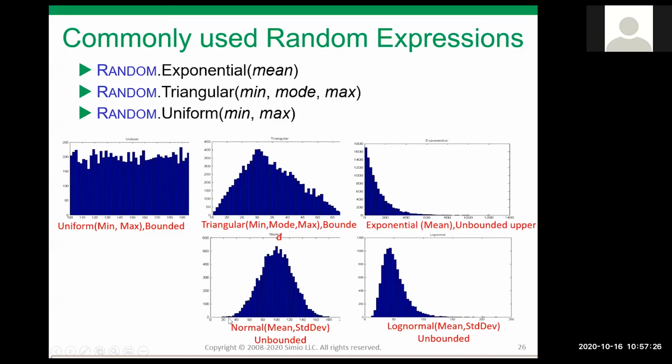While it is commonly known, the normal distribution isn't so commonly used because a lot of people don't understand it as well as they think they do. In fact, because it's unbounded, a normal distribution can produce negative values.